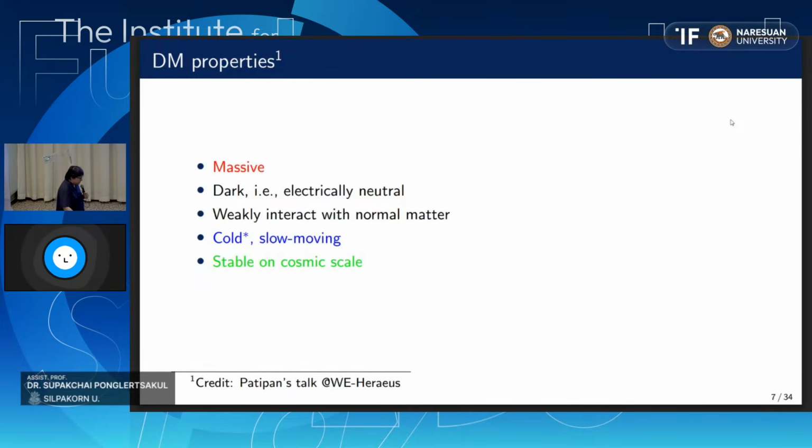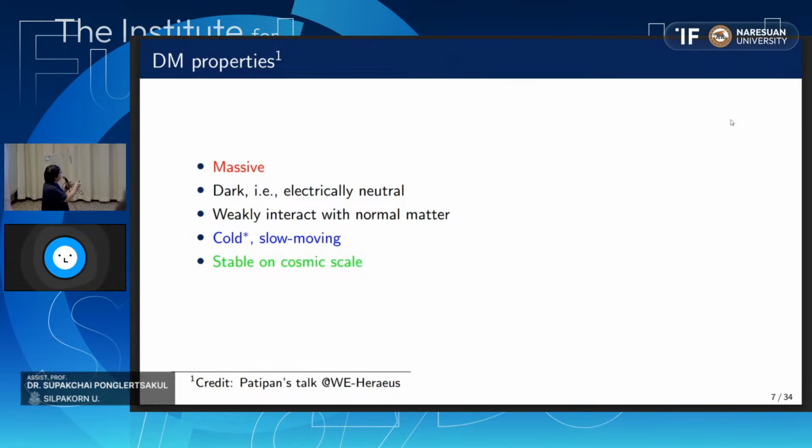I took this slide from Patipan Mosawa because I really like his introduction about dark matter. So what we know so far about dark matter, beyond that it is just some kind of missing particles, missing mass in the universe: it must be massive because it interacts gravitationally.